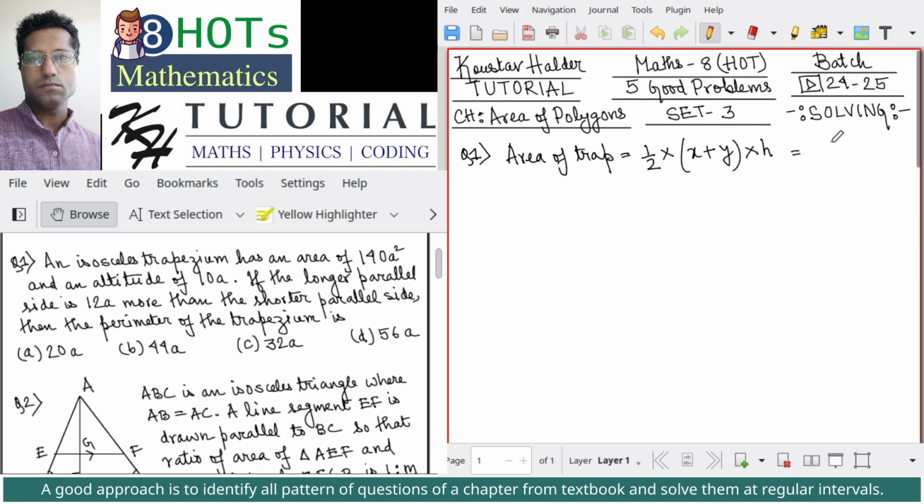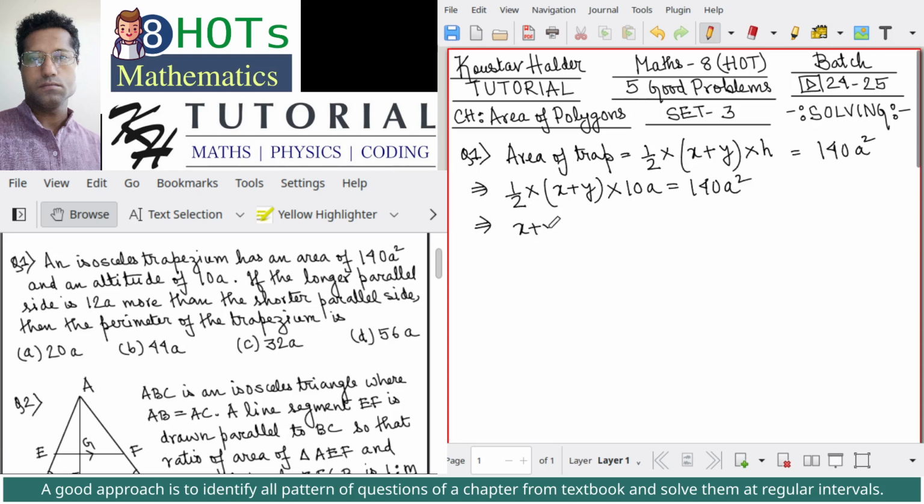This is given to be 140 a square, and the altitude is also given. So we have half into x plus y, the altitude is given as 10a, 10a is equal to 140 a square. So we will get the sum of the parallel sides.